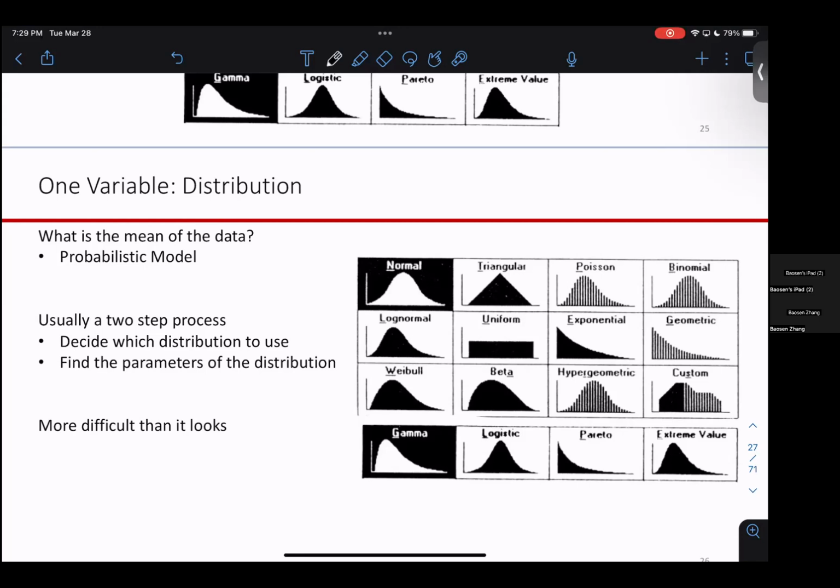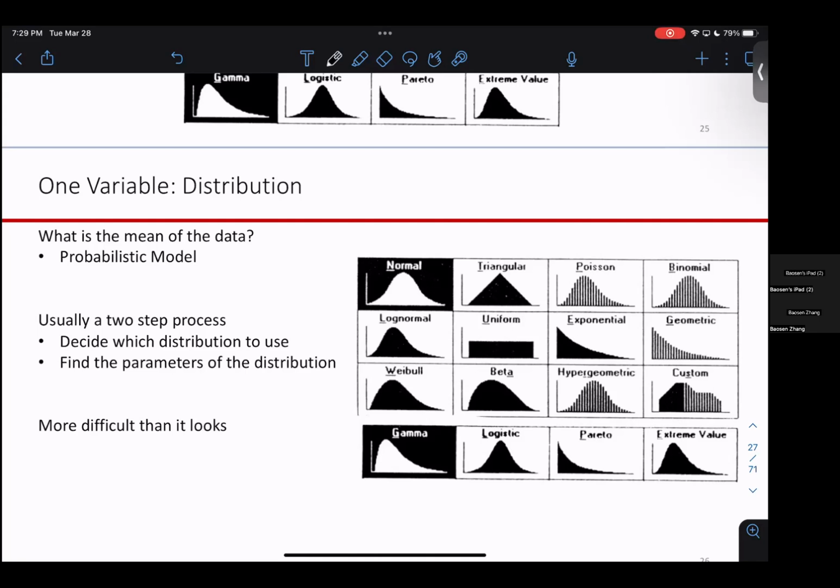That takes a lot of steps, and it becomes much harder if you have more than one random variable to think about. You have to think about correlations, and all of that becomes hard. So we are really not going to think about things this way.